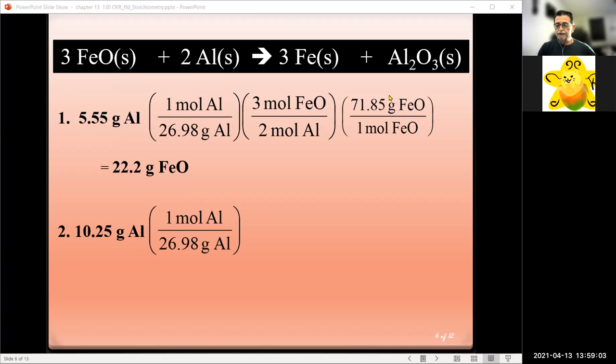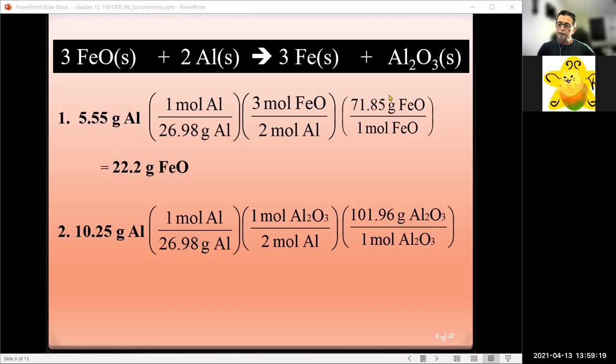Second step, get us to aluminum oxide from the balanced chemical equation stoichiometry, which is a 1:2 ratio. And then finally, get the molar mass of aluminum oxide. 2 aluminum, 3 oxygens has a total molar mass of 101.96 grams per mole.